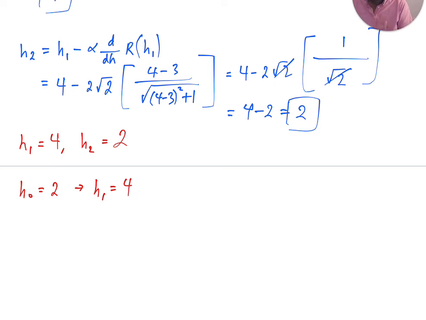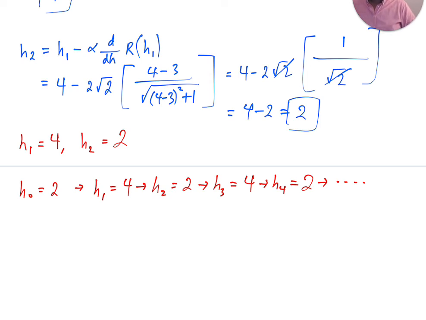And then when I started off with a guess of 4, my next guess was 2. And since the only thing that gradient descent depends on is the previous guess and the derivative at the previous guess, it turns out that my next guess after 2 is going to be 4. And then my next guess after 4 is going to be 2 again, and so on and so forth.